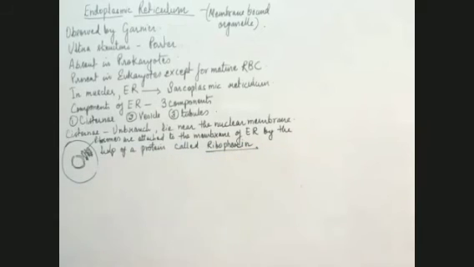So this protein riboporin helps in attachment of ribosomes to the membrane of endoplasmic reticulum. This is about the cisternae, which form an important component of endoplasmic reticulum.